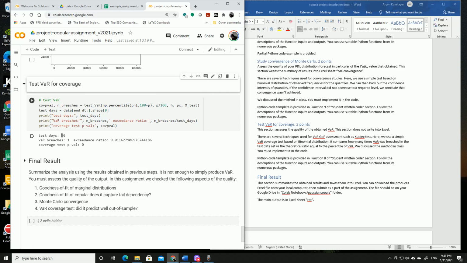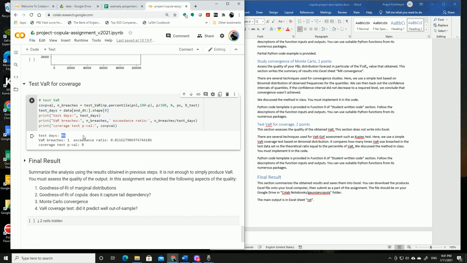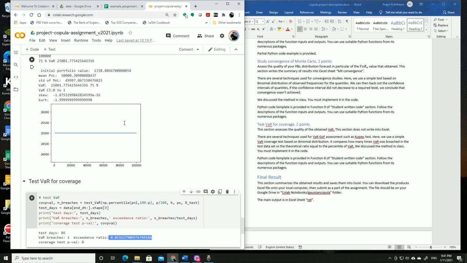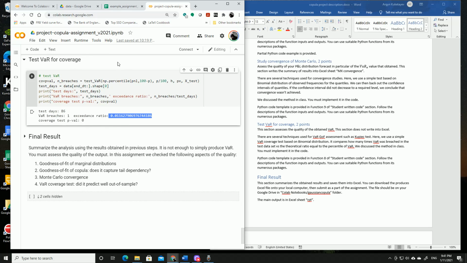So look, we have 86 days in the test data set. Remember, we had 166 in training, and then 86 in test. So in the 86 test days, we see that there was just one VaR breach. And the exceedance ratio is like this, right? So this is not a good fit at all.